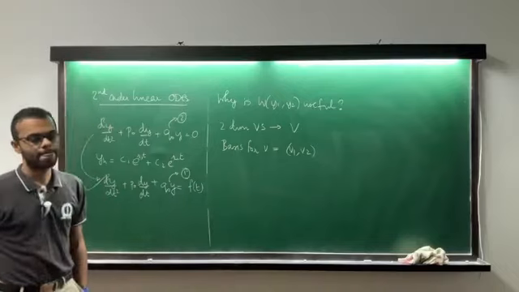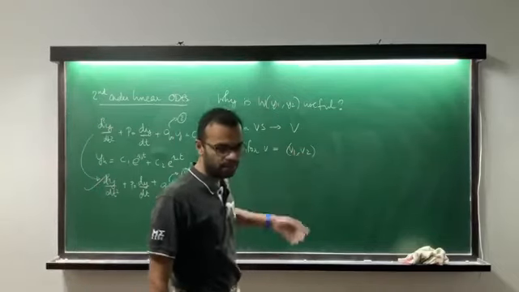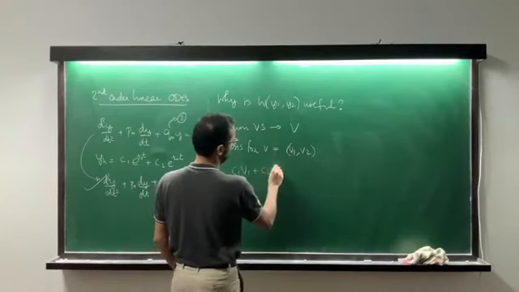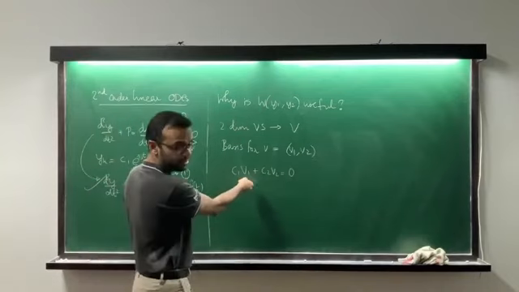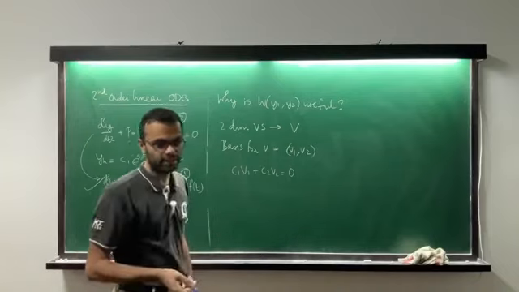And when you say V1 and V2 are linearly independent, you say they're linearly dependent if you can get C1 V1 plus C2 V2 equal to 0. If there exist C1 and C2 such that V1 and V2 obey this relationship, then they're linearly dependent.